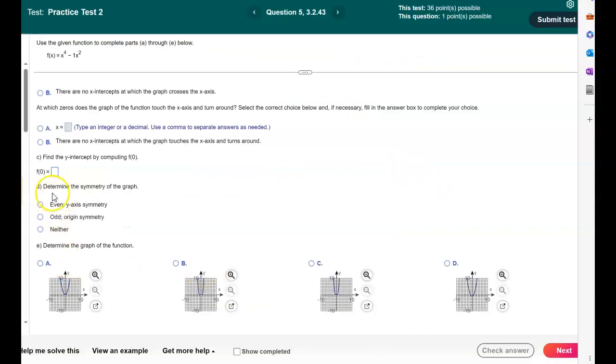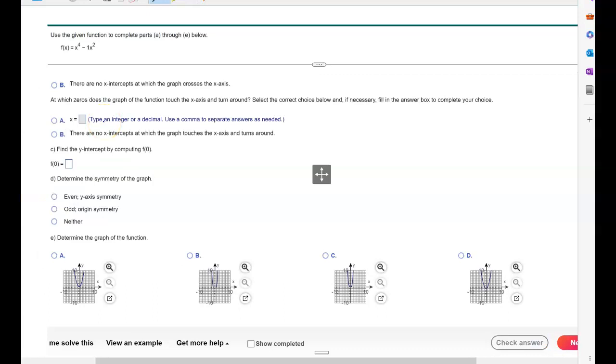And then next, letter D, we are to determine the symmetry of the graph. So we are to choose if it's even or odd. That means you're just going to determine whether this function is an odd or an even function. Now, to do that, let's recall a function is odd if f of negative x is equal to negative f of x.